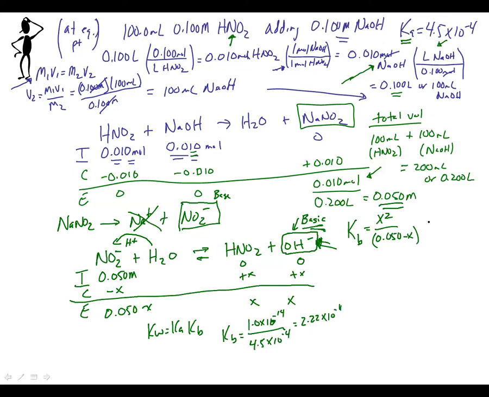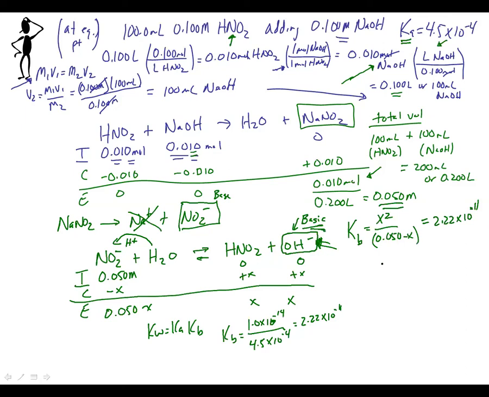And again, this is where people screw up the most: they decide, I'm just going to use the Ka value here instead of the Kb. So again, it's really important to conceptually understand what's happening at this point in the titration so that you don't screw up your calculation.